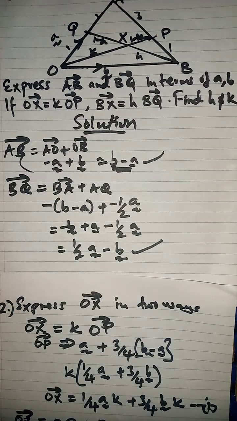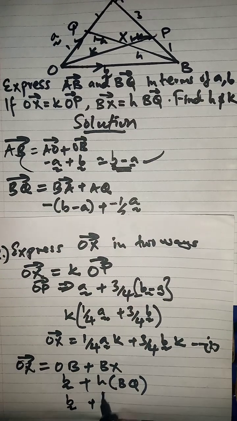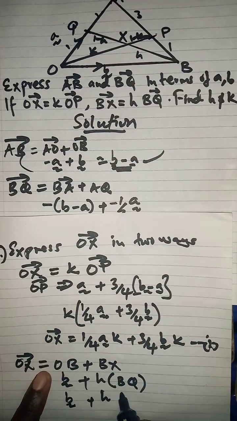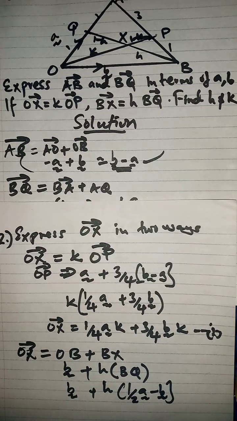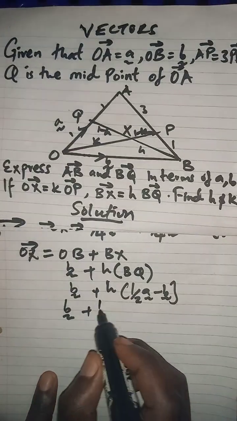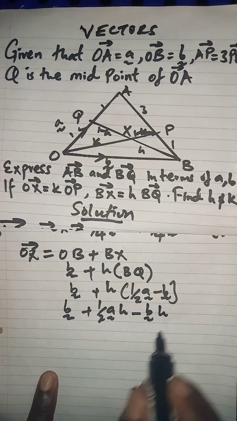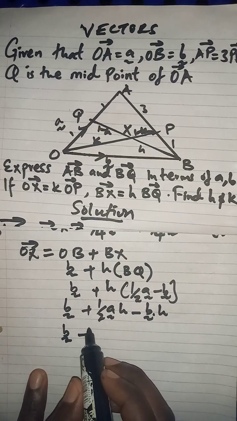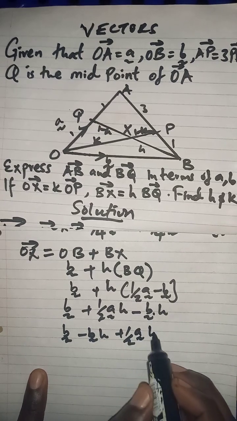So meaning, I'm going to have vector B plus H of BQ, but my BQ is a half A minus B, a half vector A minus vector B. So opening the bracket, I'm going to get vector B plus a half vector AH minus vector BH, and then I'm going to collect B and B together so that I have vector B minus vector BH plus a half AH.